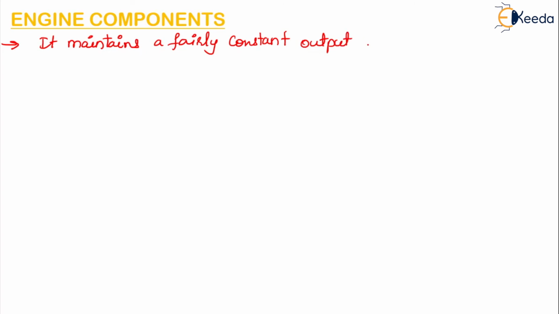By storing the energy, it maintains a fairly constant output torque on the crankshaft. So this is the function of the flywheel.